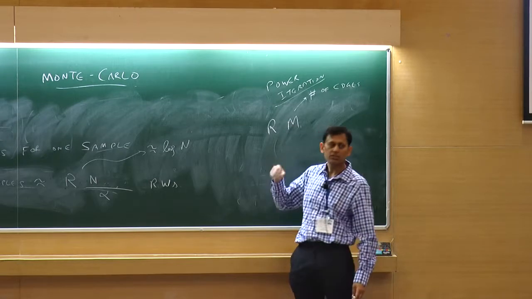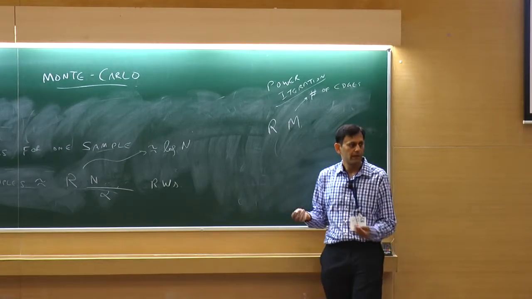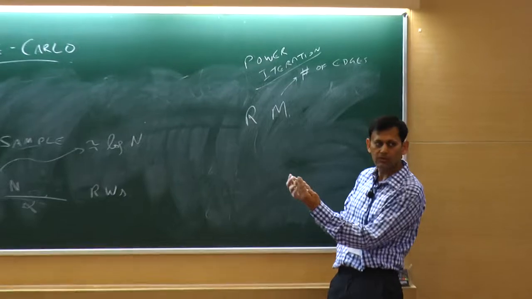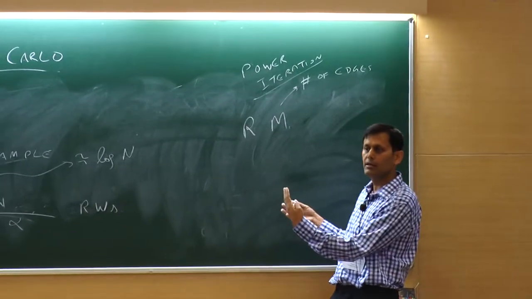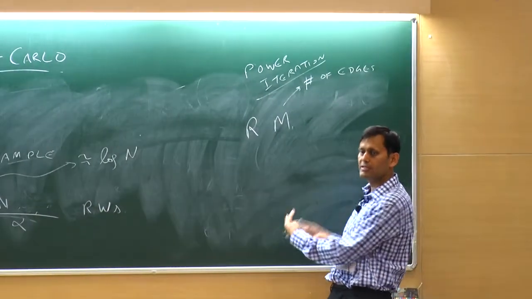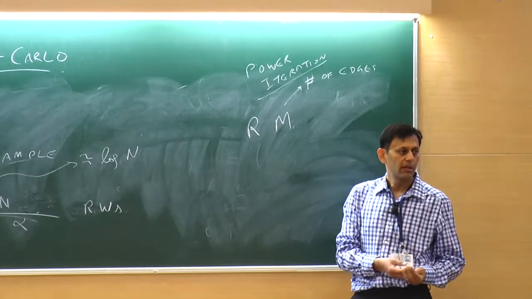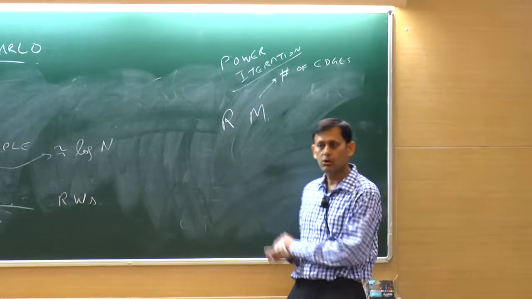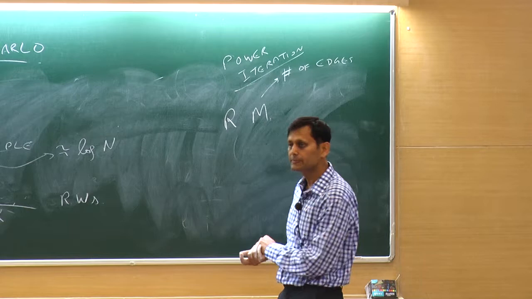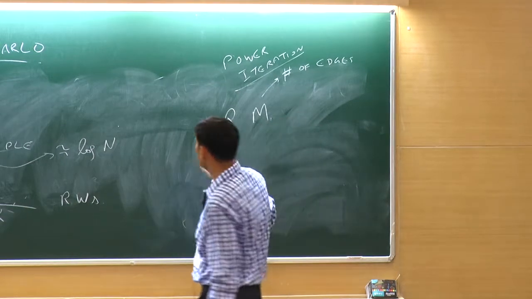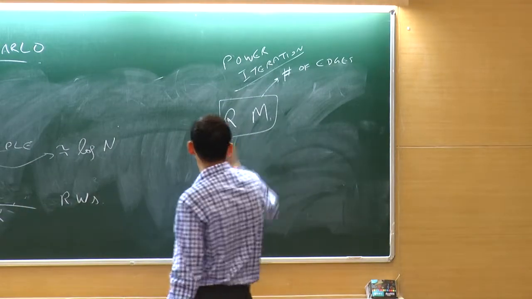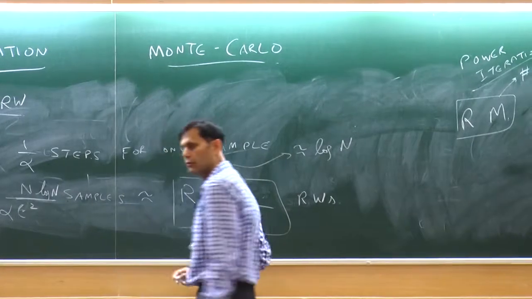It's m because each power iteration takes m steps. Because each power iteration, if you remember, was just taking the previous PageRank values and computing the new ones, and that you can do by one-step propagation along all the edges, and that takes m steps. So let's just keep these two numbers in mind: Rm for power iteration and Rn over alpha for Monte Carlo.